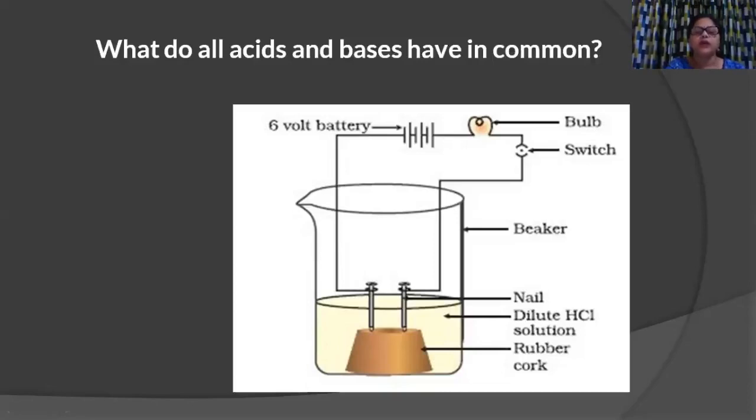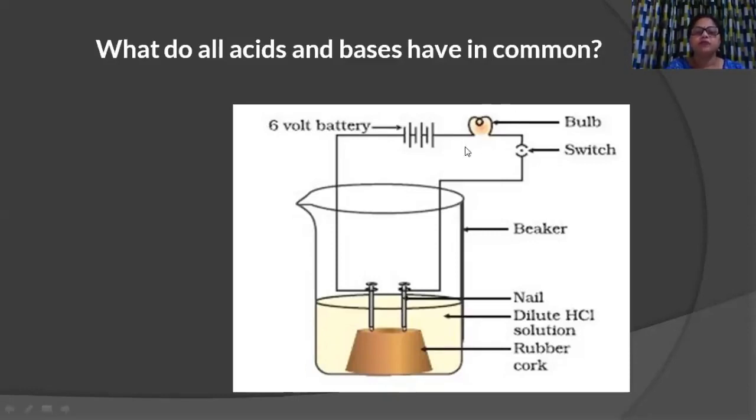Now the two iron nails are attached to a rubber cork, which is not a good conductor of electricity, which means this circuit is incomplete. So what will happen if we add a few amounts of hydrochloric acid solution in it? When we add hydrochloric acid, the bulb will start to glow.